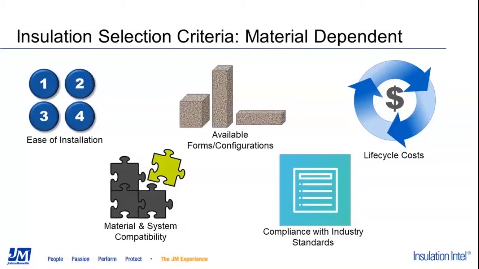Other considerations can be more basic, such as what density or thickness is required. Does the unit need to meet certain life cycle costs? Does the material comply with industry standards or requirements? If so, which ones?